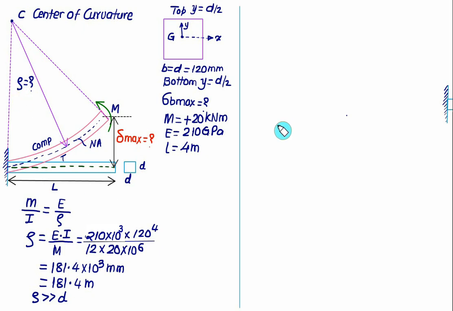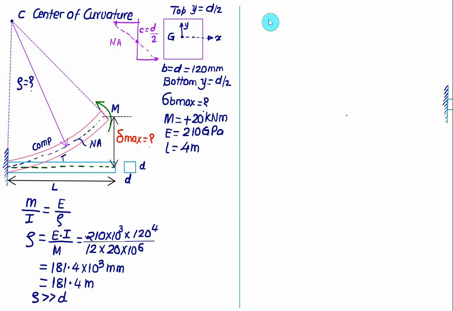In this case the top fiber is in compression and the bottom fiber is in tension. Suppose I show the stress distribution: we have tensile stress on the bottom fiber at maximum value and compressive stress on the top fiber, with the same value of C. This point is our neutral axis, and C is equal to D divided by 2.